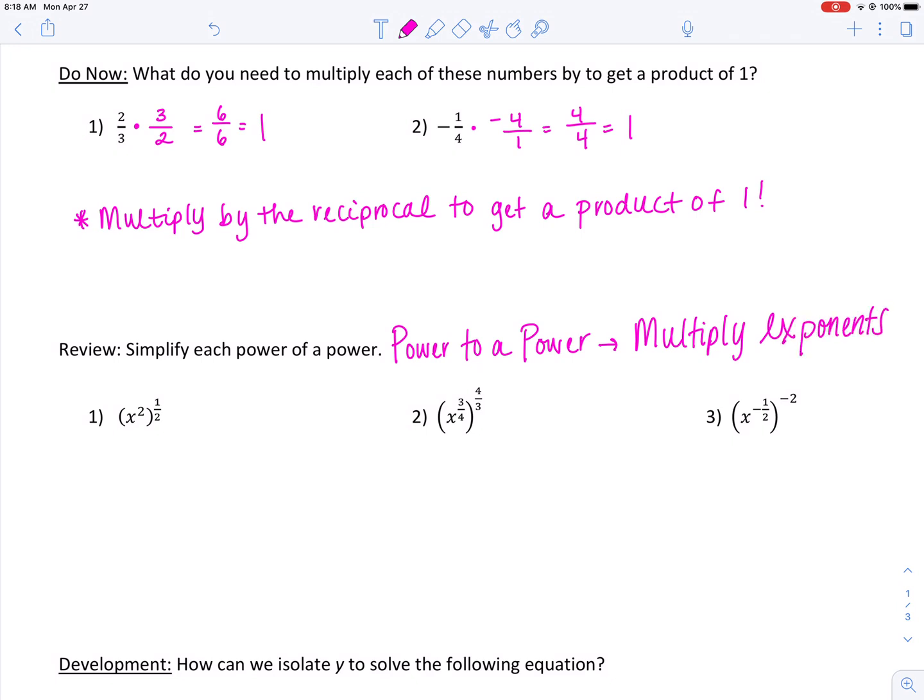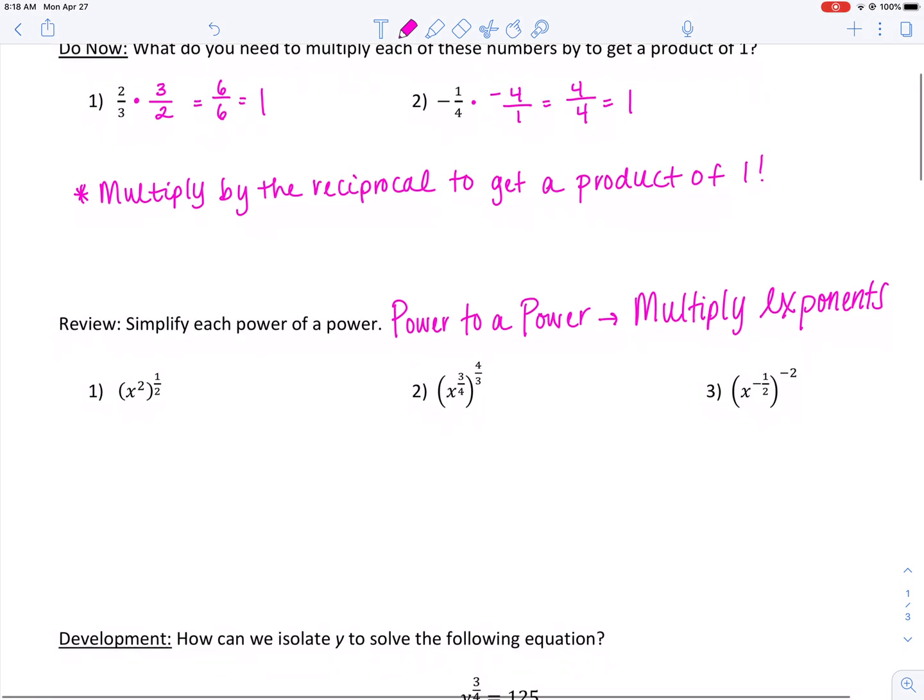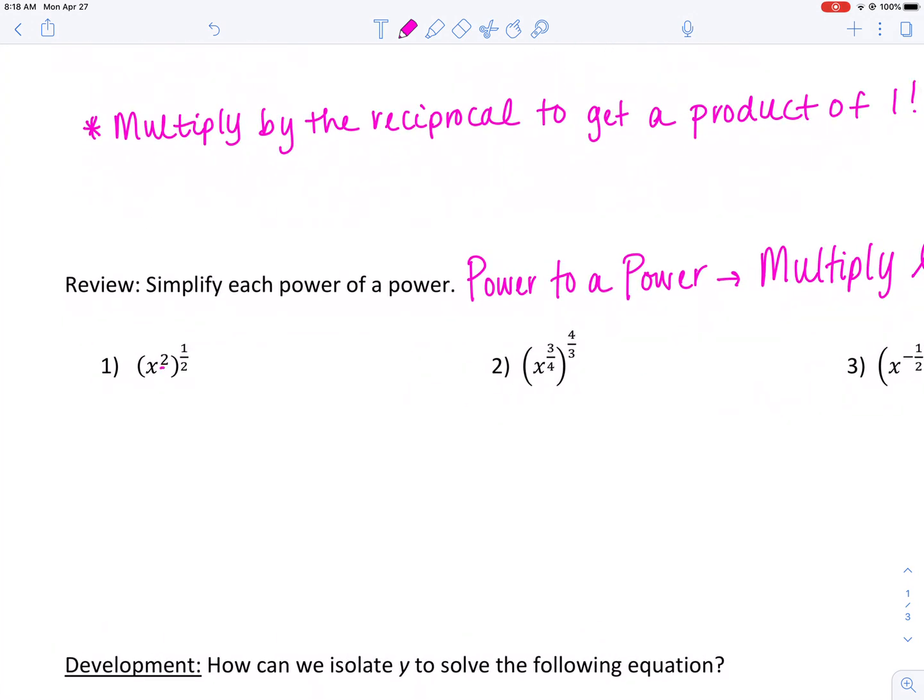Notice, you have 2 to the 1/2. Well, technically, 2 over 1 times 1 over 2 gives you 2 over 2, or 1. So that's technically x to the first. Do we usually write that exponent of 1? No. So we could just make it x.